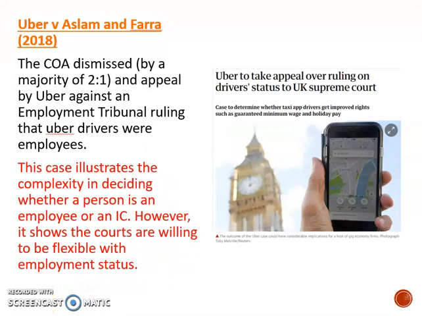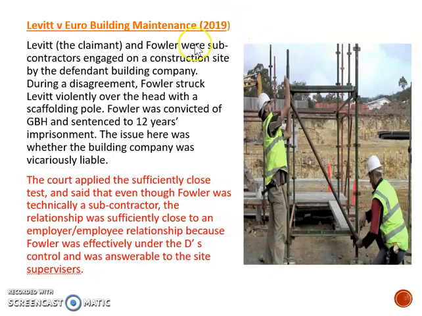We then had Uber, Aslam and Farah, which I mentioned earlier from 2018. And this case is useful because it just shows how complex it can be deciding whether a person's an employee or an independent contractor. And this was 2018, so this issue is still an issue for our courts. And a case from 2019 after Uber applied the sufficiently close test from Cox and the Ministry of Justice.